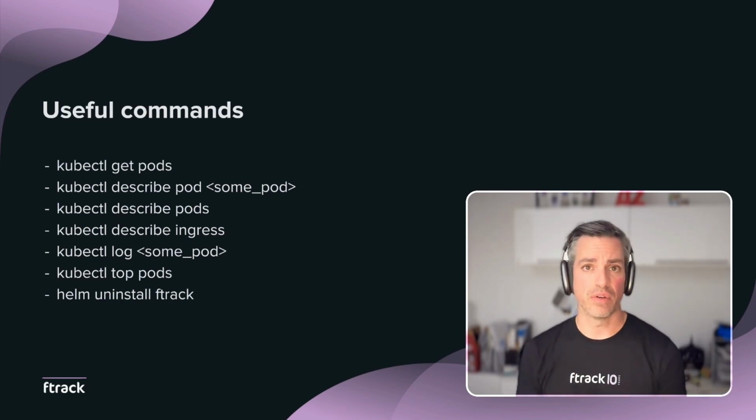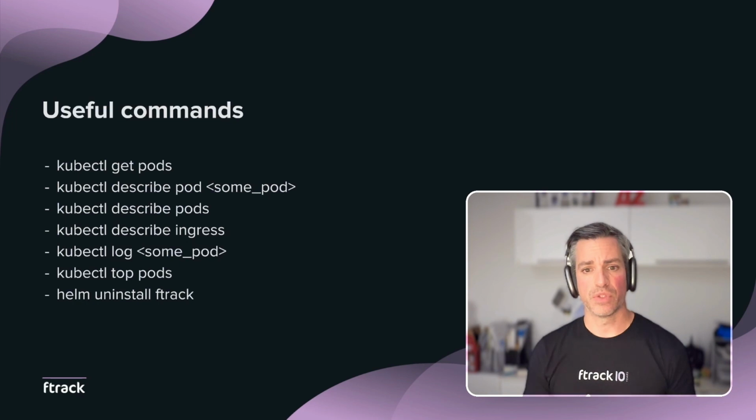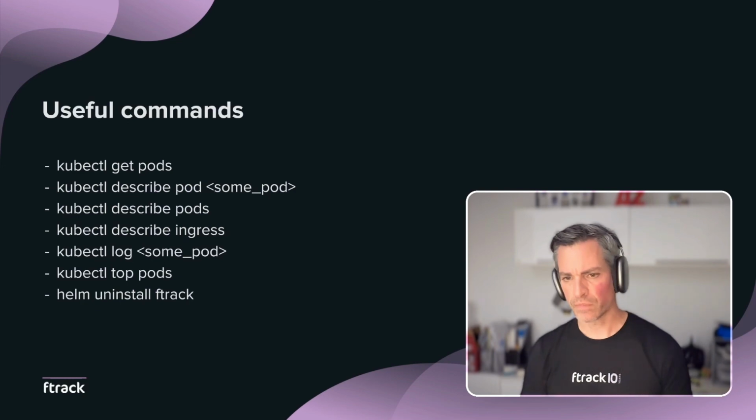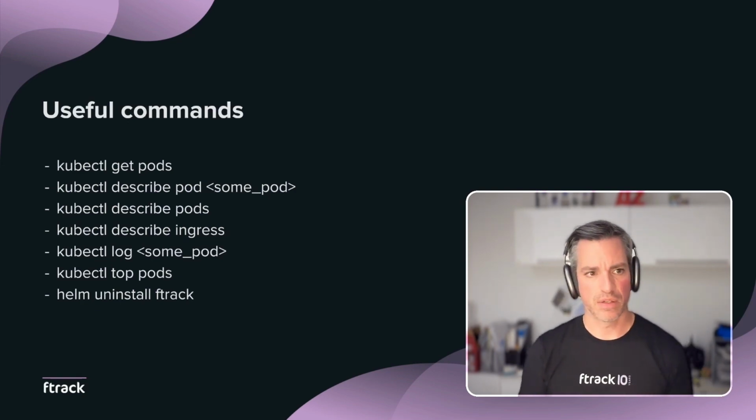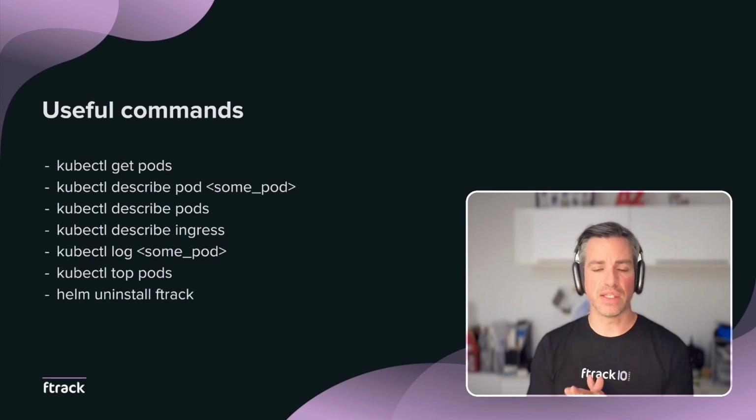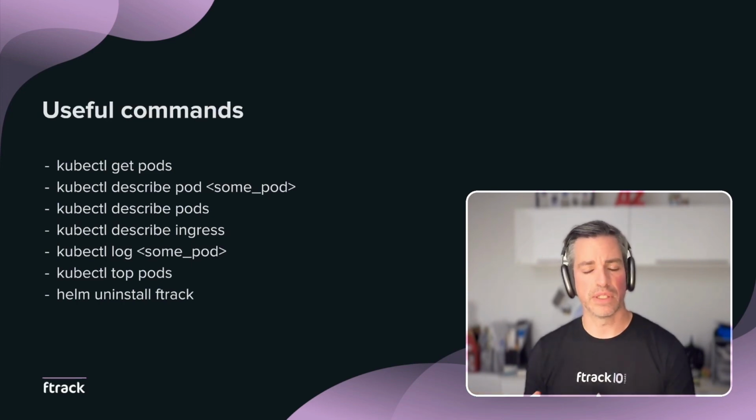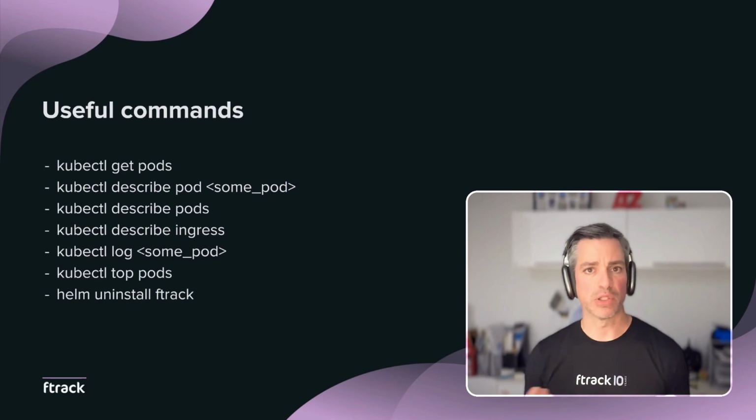Key command is also kubectl logs to get the logs of any running pod. And one that we didn't use today because Docker Desktop doesn't allow for it, but kubectl top pods will give you performance information of the currently running pods, things like CPU usage, for instance, which can help you understand if you need to scale with multiple replicas certain of the components.